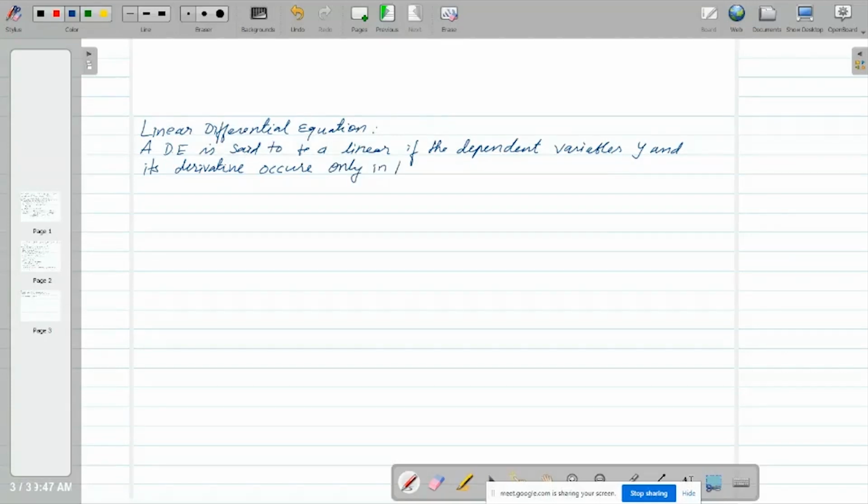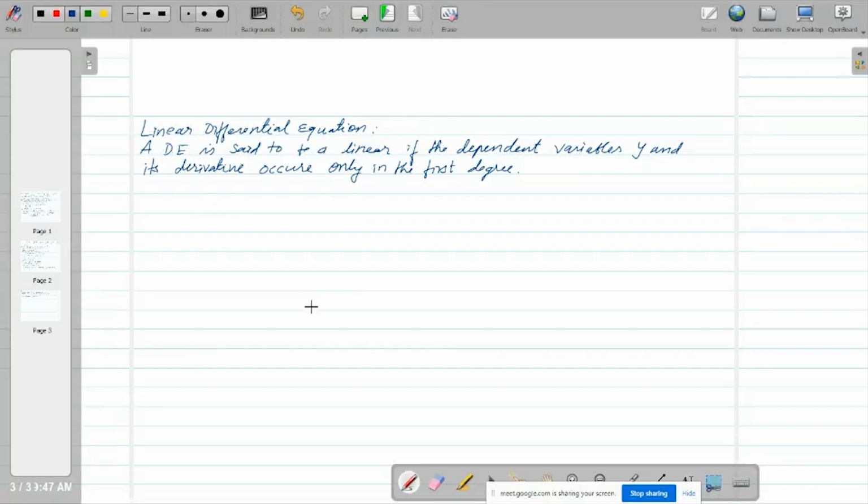Means what? A differential equation is said to be a linear differential equation if the dependent variable y and its derivative occur only in the first degree. There is no higher power. That type of differential equation is known as a linear differential equation.